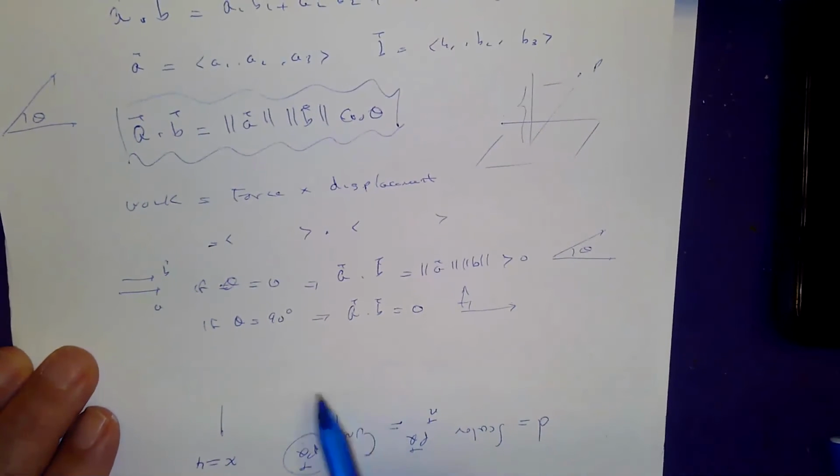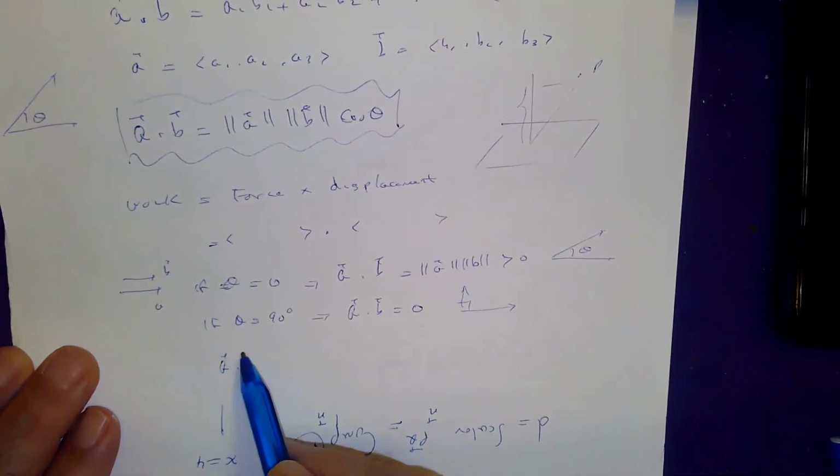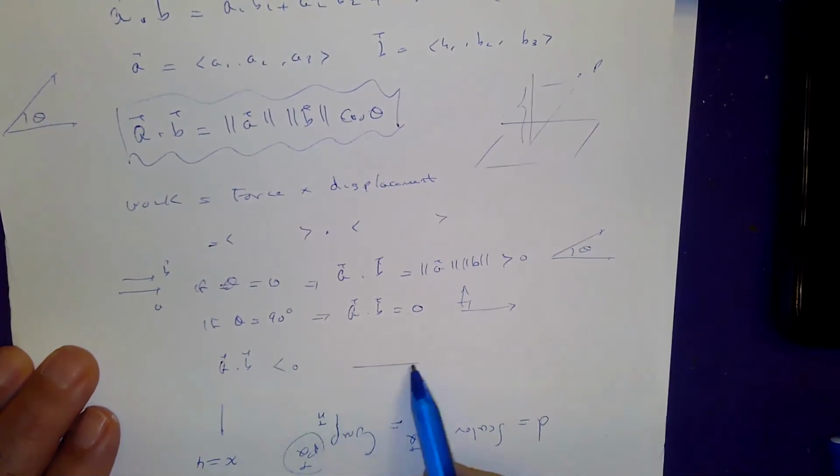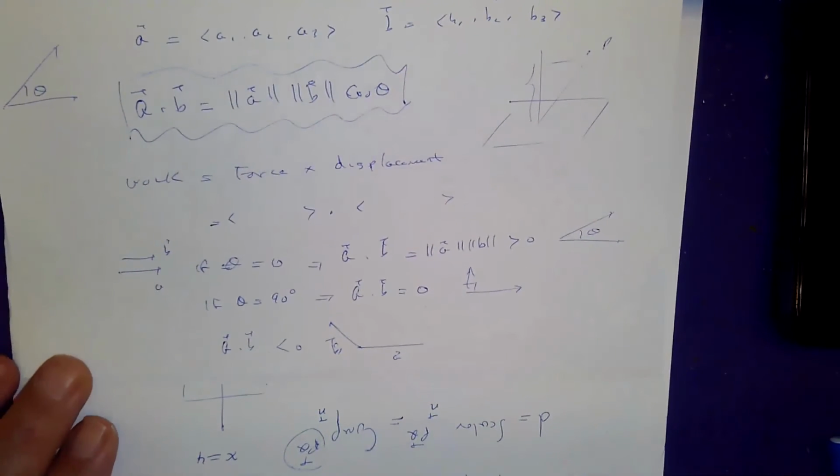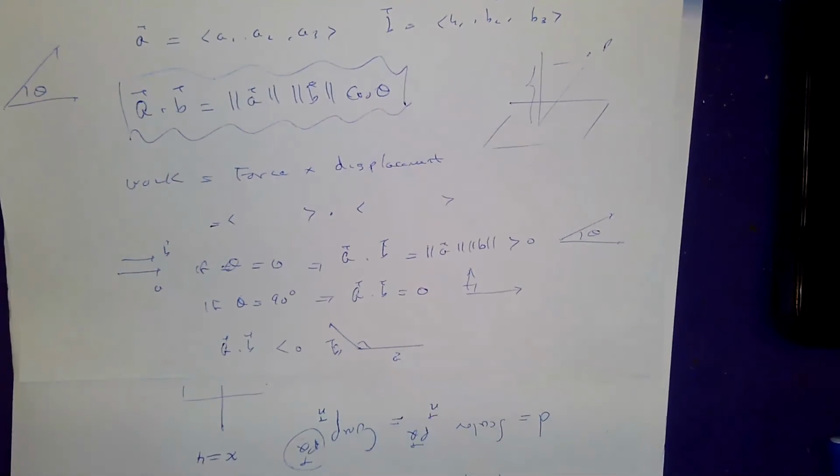On the other hand, if A dot B is a negative number, then that just means the vectors are obtuse. So that's the only geometric interpretation I can tell you about A dot B. Other than that, it just comes up in application problems.